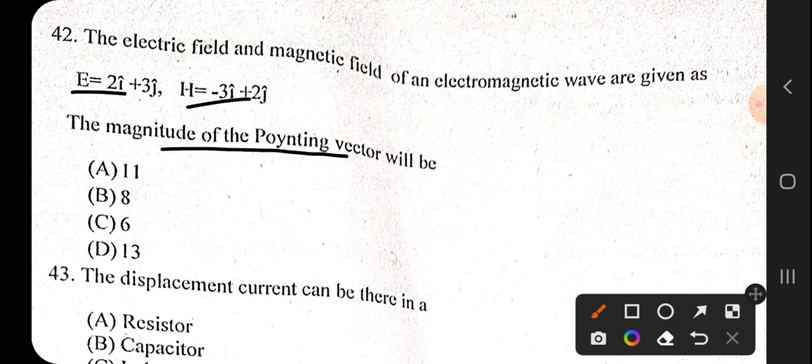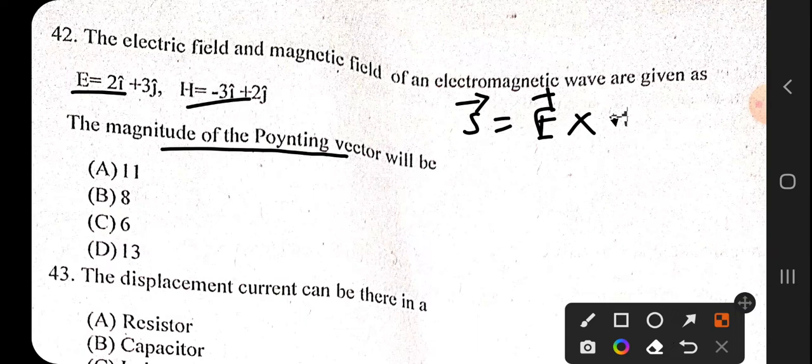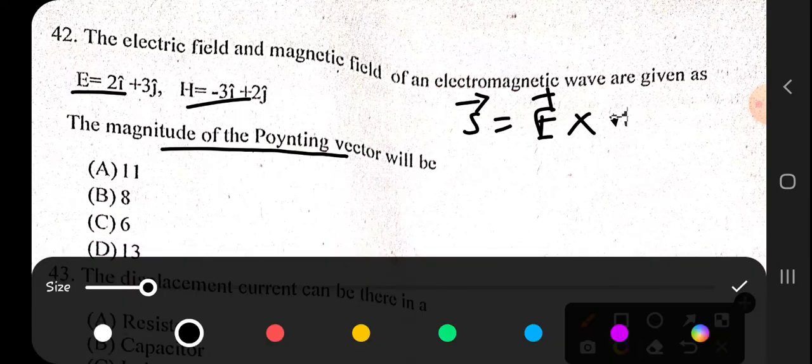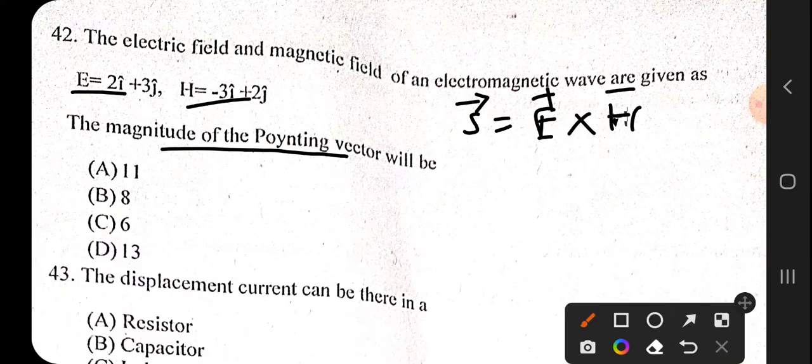So we all know that the Poynting vector S equals E vector cross H vector. Therefore, what is the value of E vector?